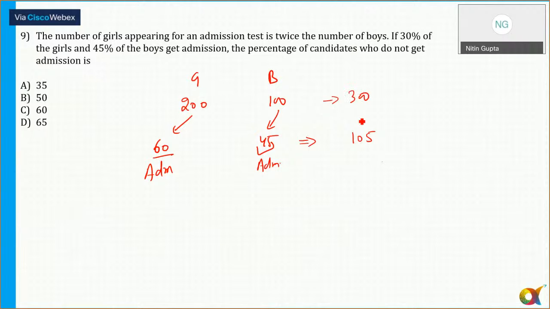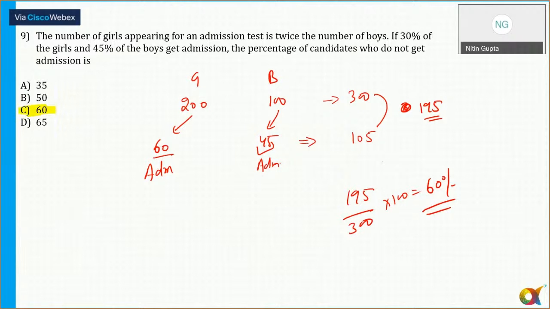So out of 300, 105 have got admission. The people who have not got admission are 300 minus 105, which is 195. So 195 by 300 into 100, which will be equal to 60. So that is 60, which is option number C.